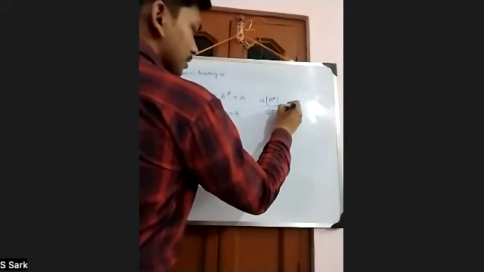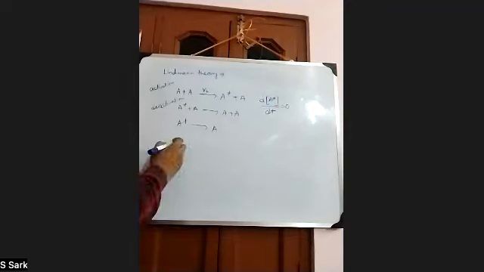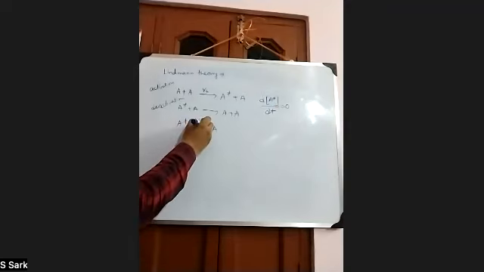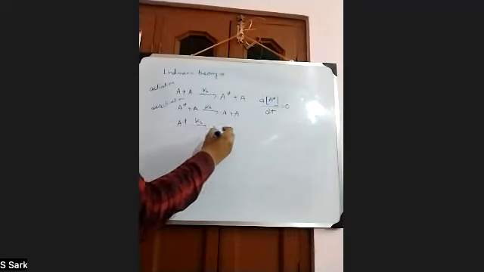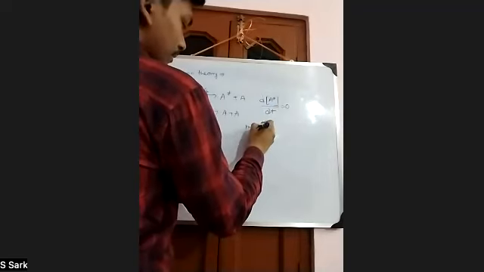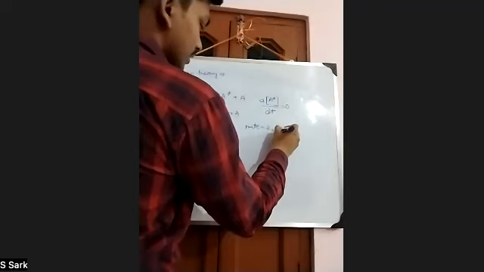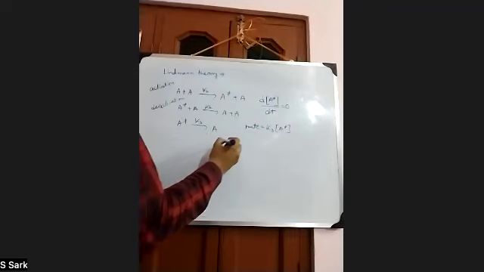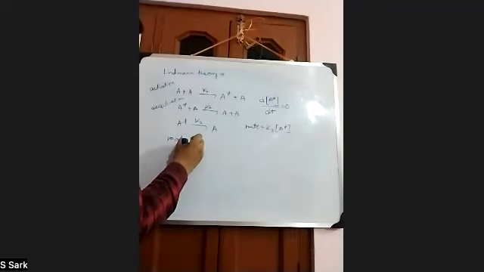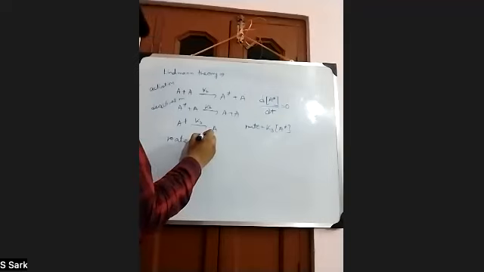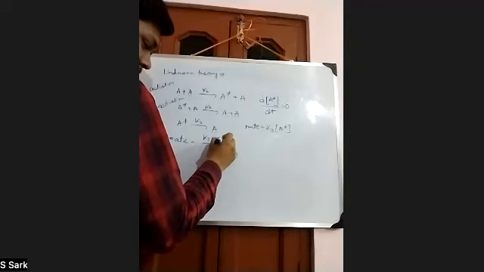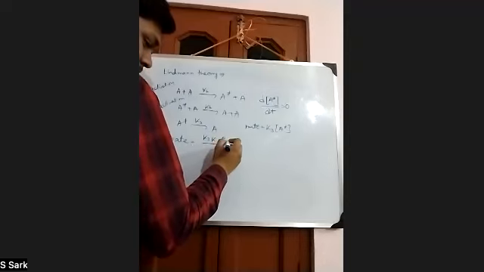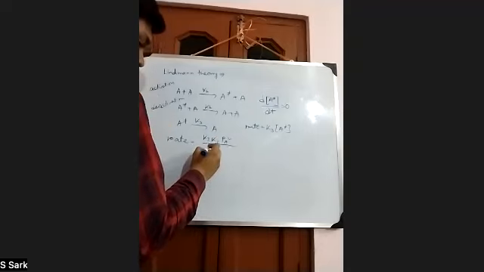As we know, what is the rate? The rate will be K3 into A star. So in this case, finally, when we determine the rate, we see K3 K1 PA square by K3 plus K2 into PA.